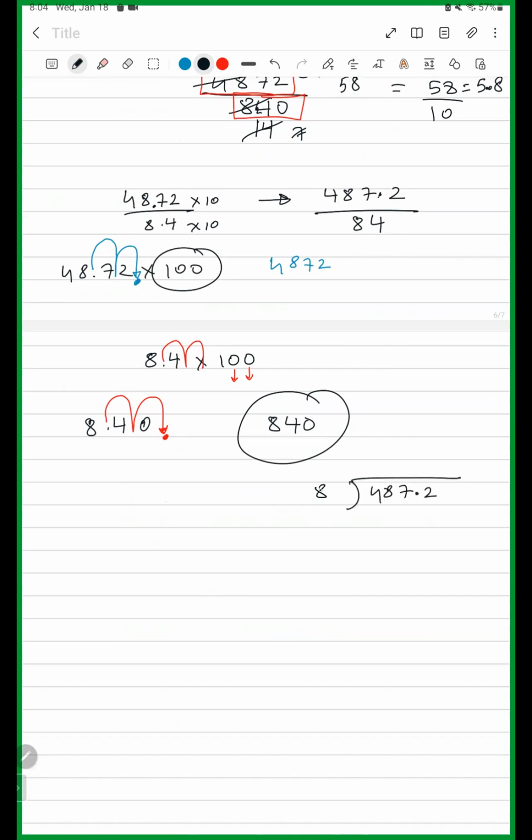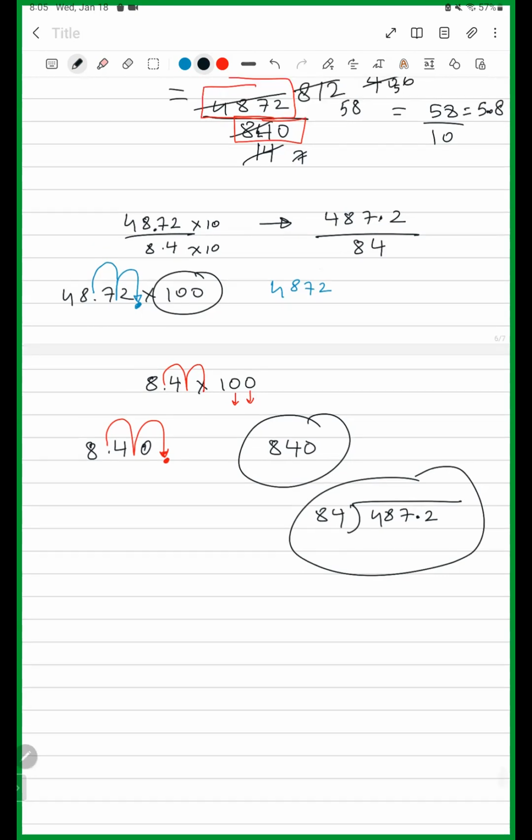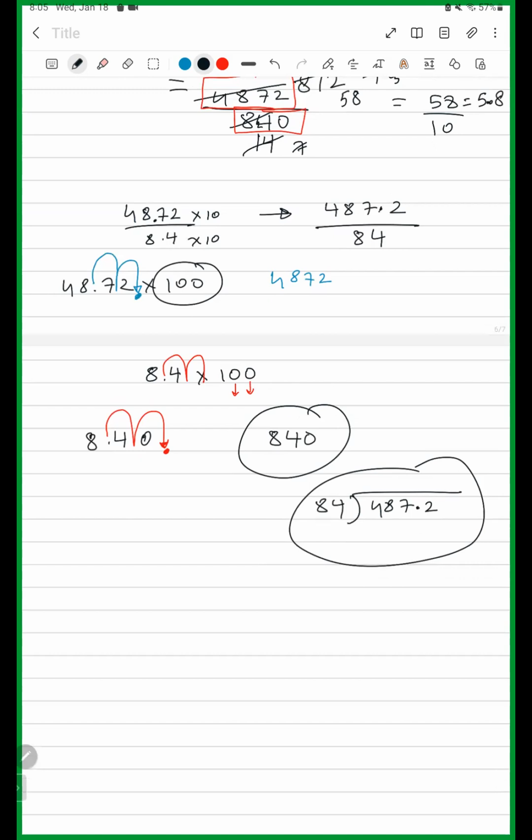But I personally find this very problematic, in the sense that a lot of students get confused when they are dividing a decimal. And I find it unnecessary, why put in so much effort? Where you have 487.2, simply remove that point. How will the point be removed? Your point will be removed when you multiply it by 10. But if you multiply on top by 10, you have to multiply at the bottom by 10 too. Okay. That is why we get 4872 by 840.